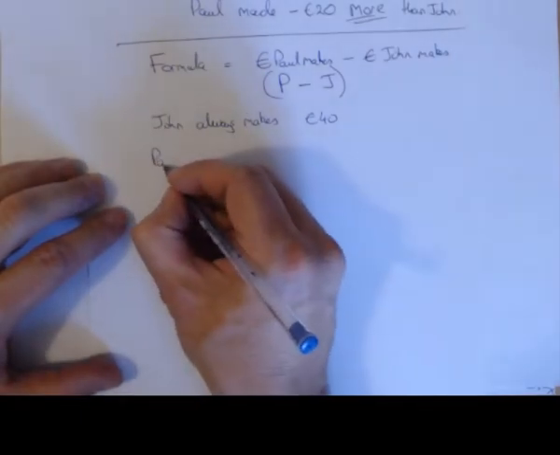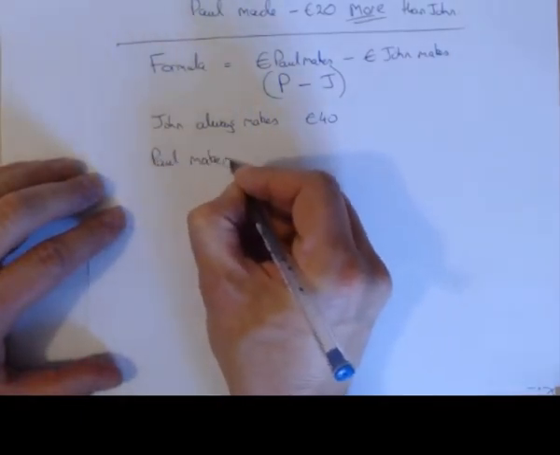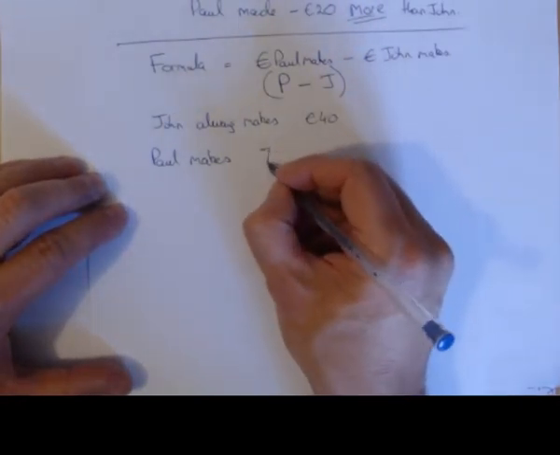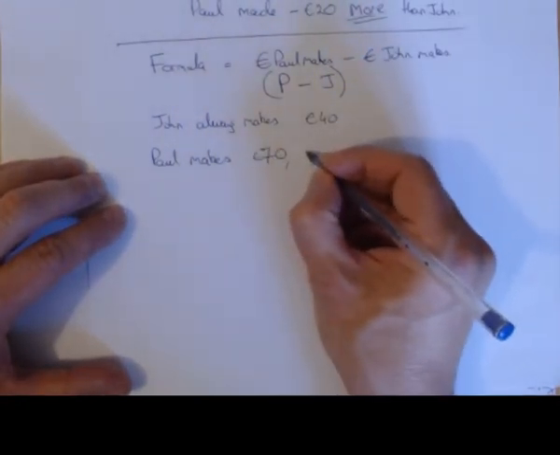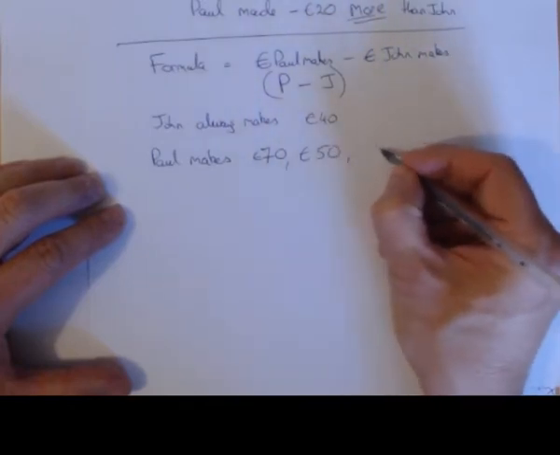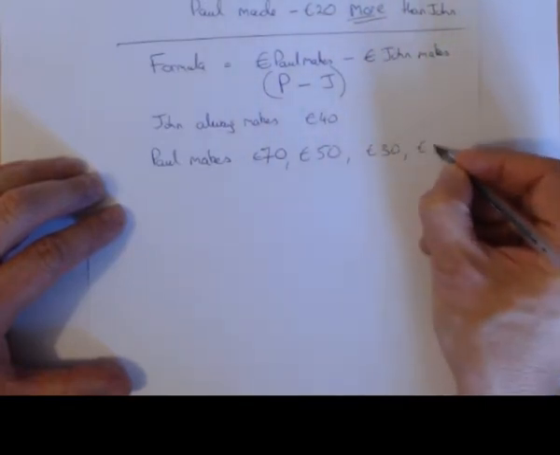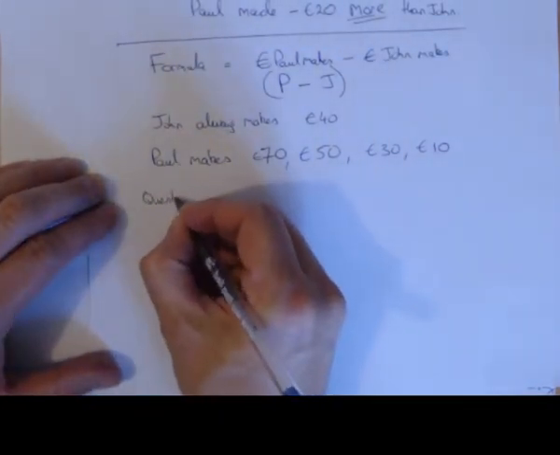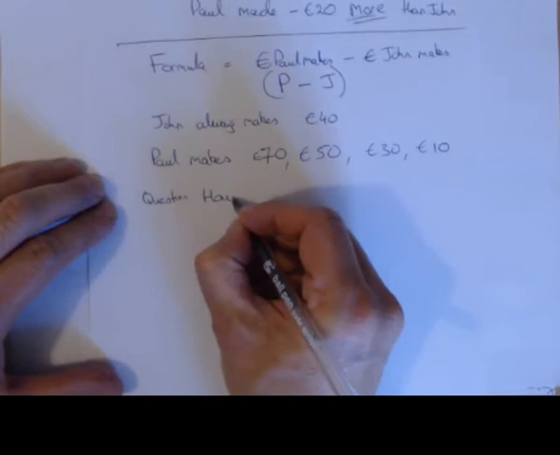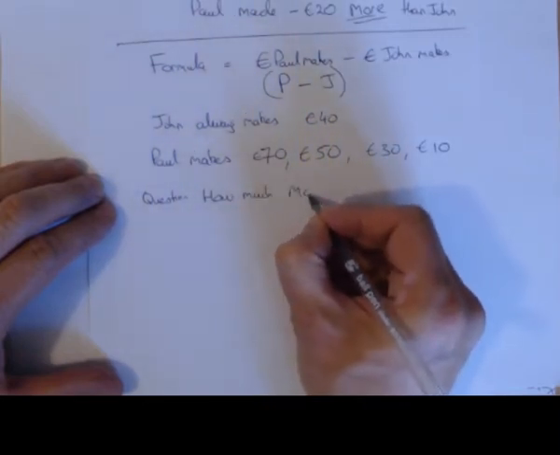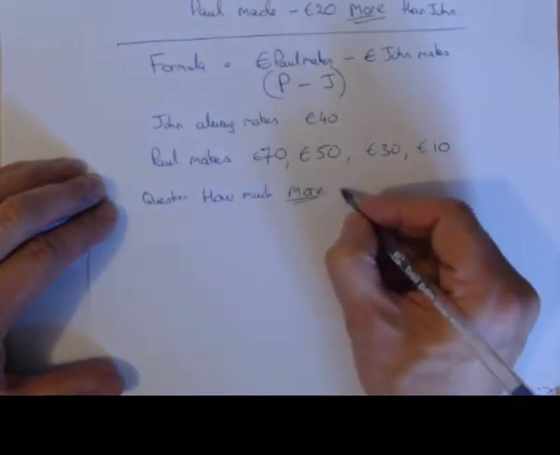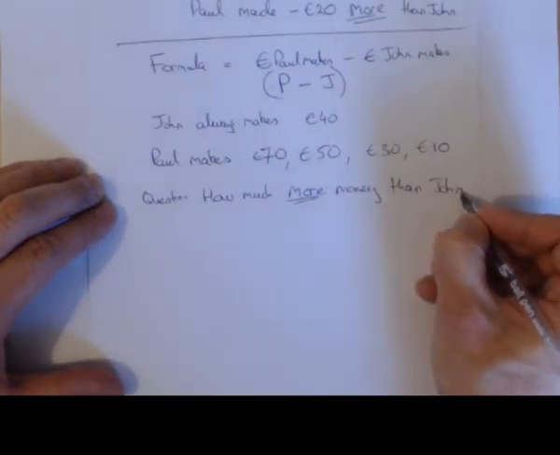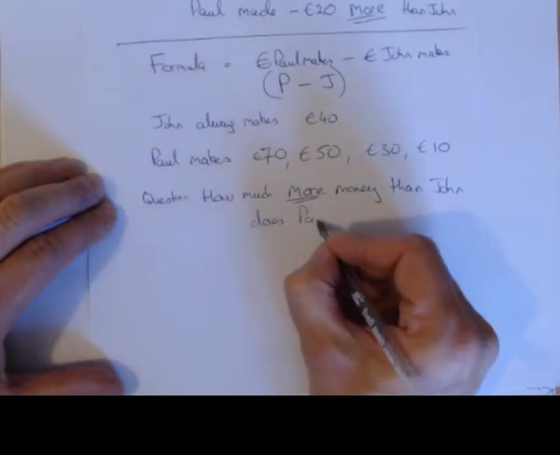And Paul makes, I'm going to give you a list of questions. So if Paul makes €70 and €50 and €30 and €10, the question will be how much more money than John does Paul make?